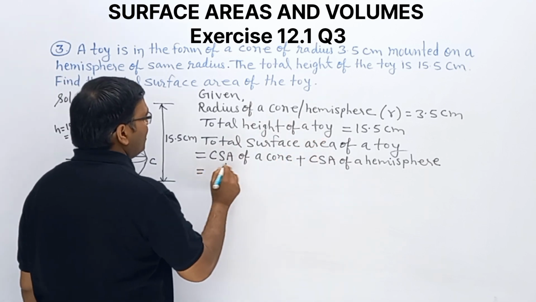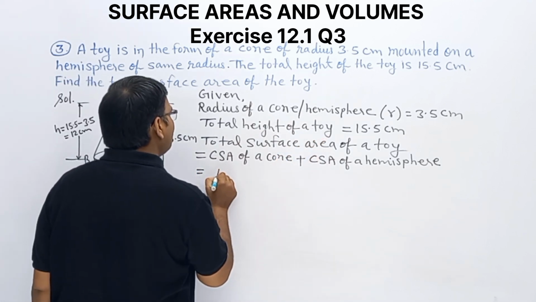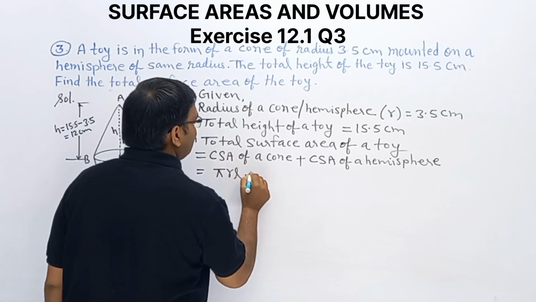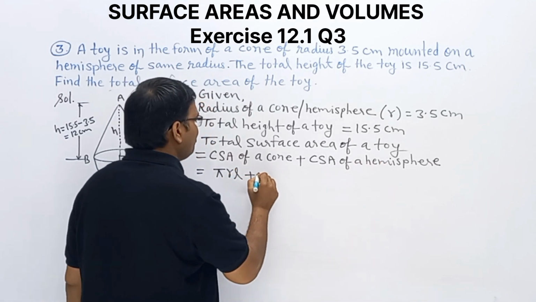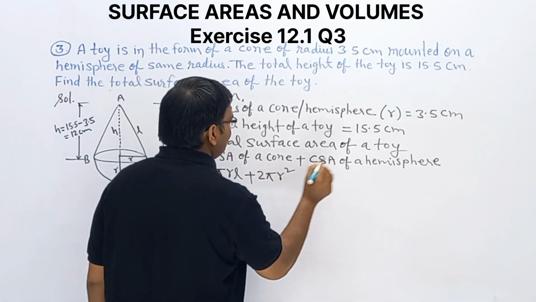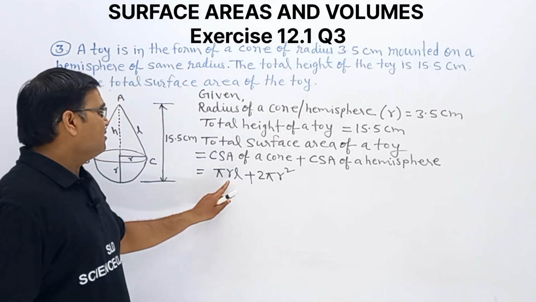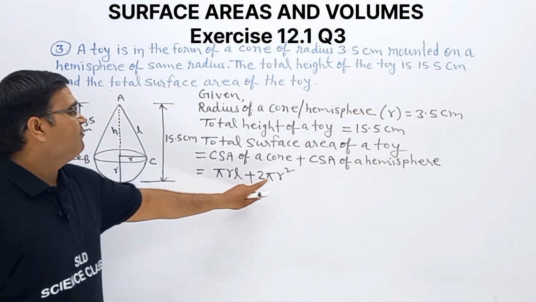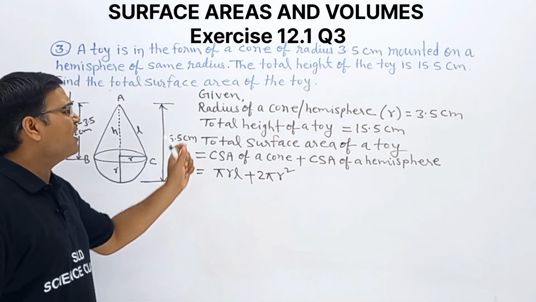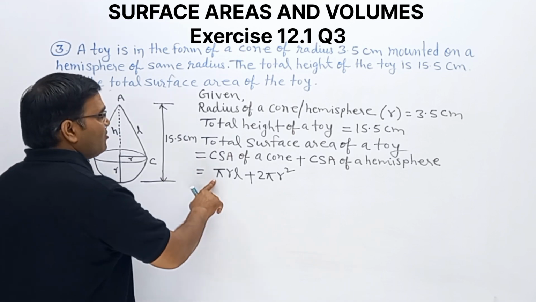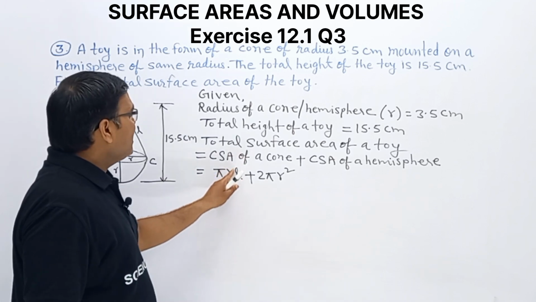What about the formula? Curved surface area of a cone is pi r l, plus curved surface area of a hemisphere, 2 pi r squared. Here r is the radius of the cone and also the radius of the hemisphere, and both are the same. Pi is 22/7, but we require l.